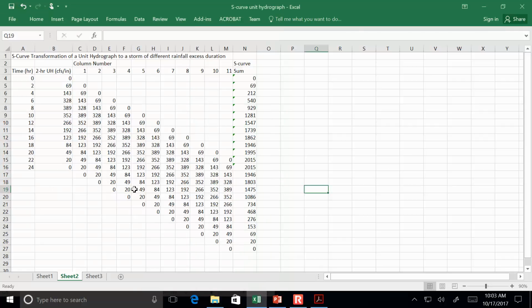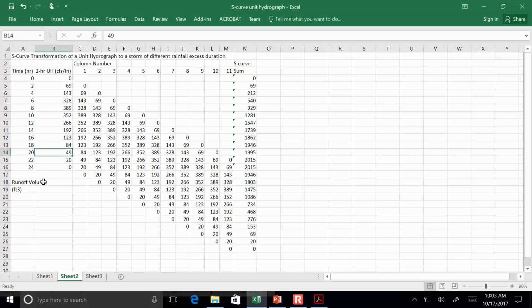So one of the important checks that we can make is summing up the volume of runoff during both the 2-hour storm and the 4-hour storm. So let's put this first check and calculate the runoff volume for when the rainfall excess was occurring over a 2-hour duration. So runoff volume, this is going to be in cubic feet.